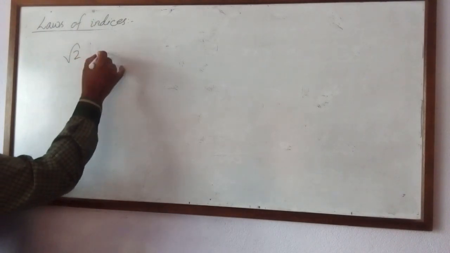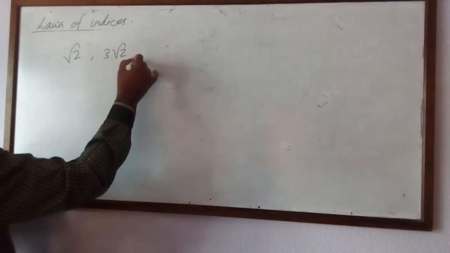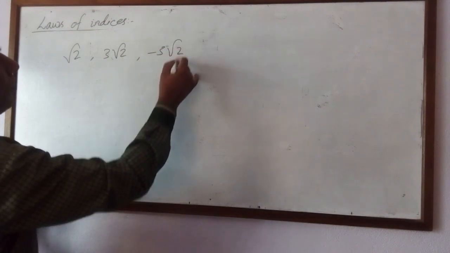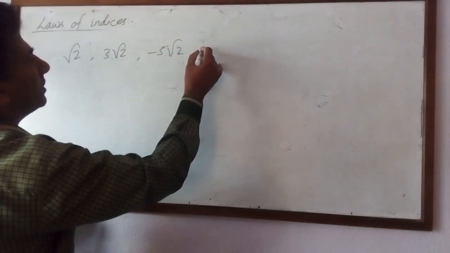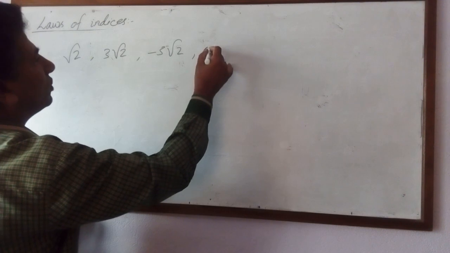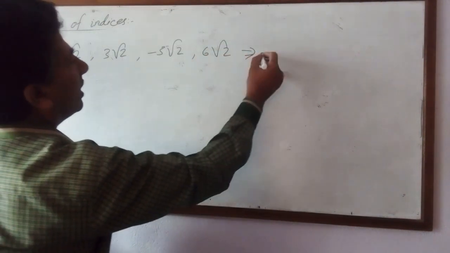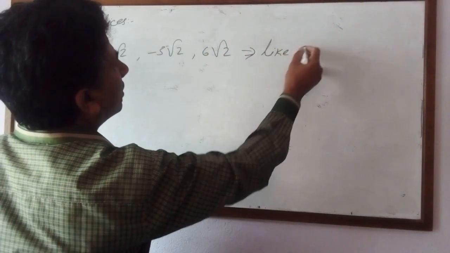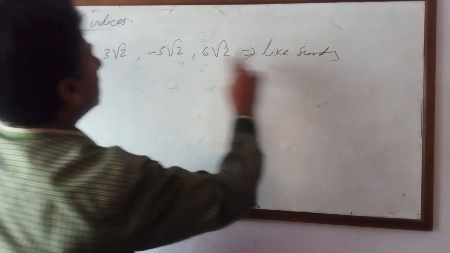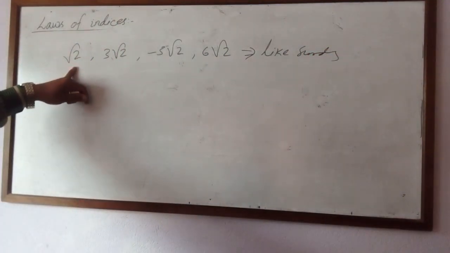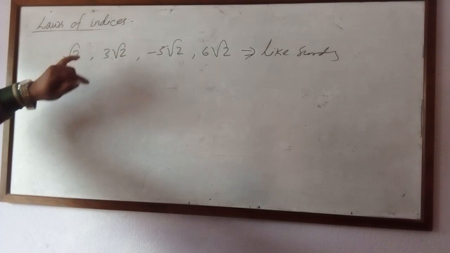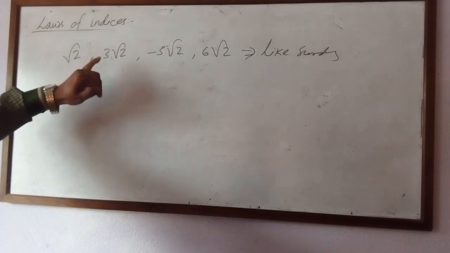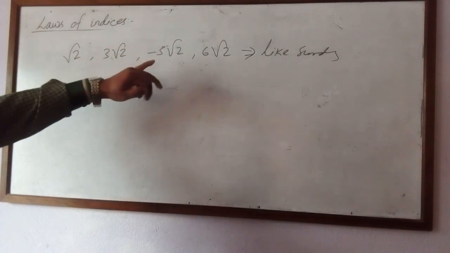Root 2, 3 root 2, minus 5 root 2, 6 root 2. Now these are like surds: same radical and same order. Same radical sign with power and base must be the same. Okay, order. See, like surds.